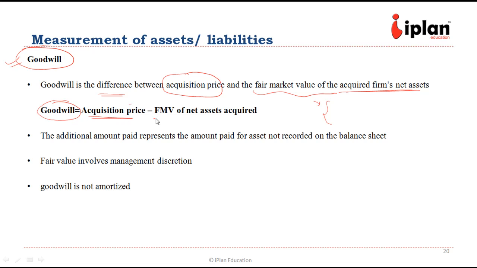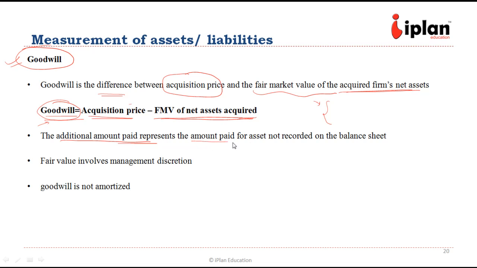So it can be simply calculated as acquisition price minus fair market value of net assets which are being acquired. If there was no acquisition, we can never know the value of goodwill in the balance sheet, so it can be recognized only in the case of acquisition.